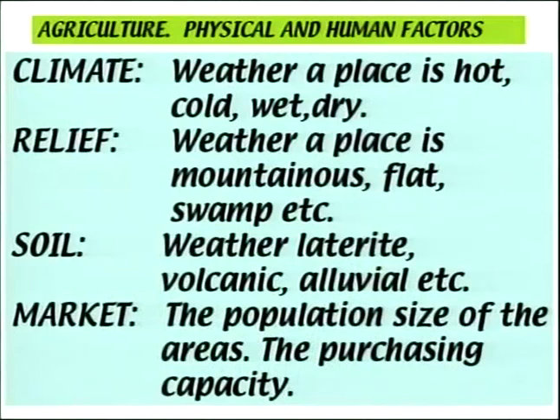When we look at climate, we are basically looking at whether a place is hot, cold, wet, dry, etc. That is an important determinant when we are looking at farming, because when we are growing crops or raising different types of animal, climate plays a very important influence on the type of crop or the type of animal that is being raised.